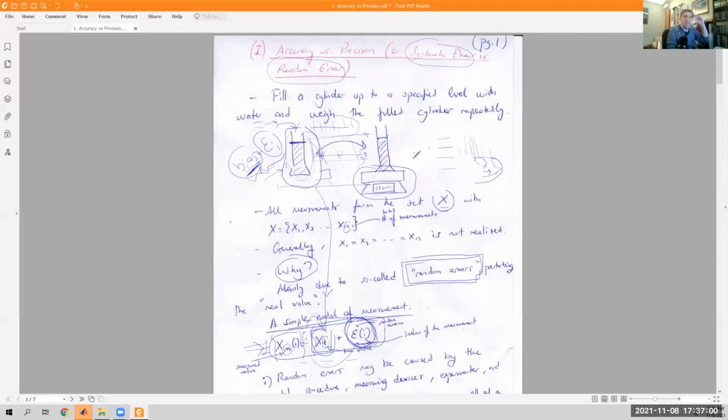So there's going to be some bias terms related to those volume measurements and also mass or weight measurements, because the devices themselves are going to be biased. So using better, more accurate equipment is a way to get rid of or decrease the bias terms and to increase the accuracy.